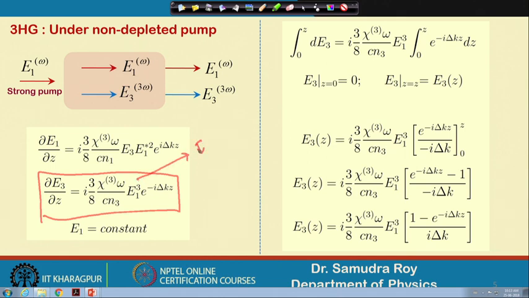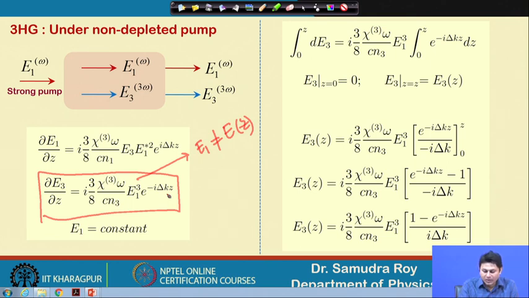It is not a function of z. The integration is straightforward because the other terms do not contain any z; the only term that has z is delta k z.